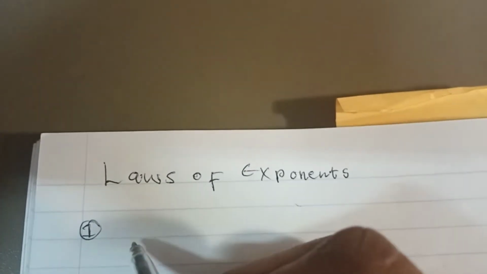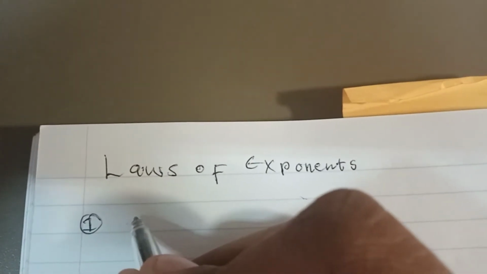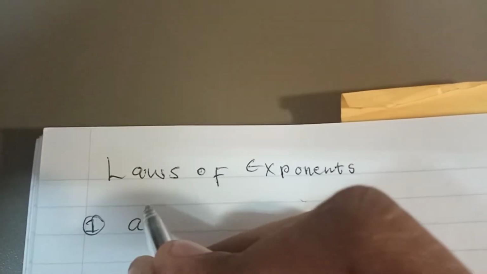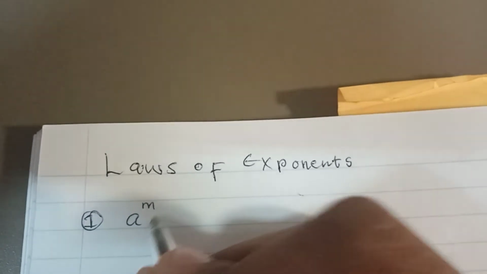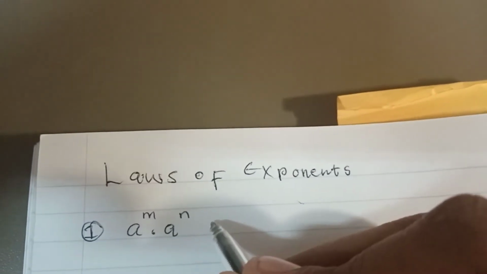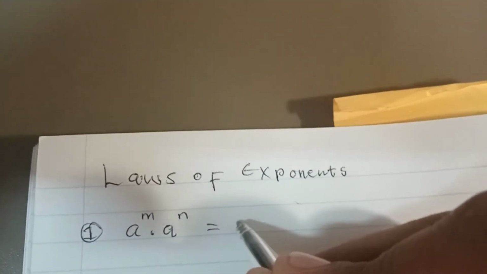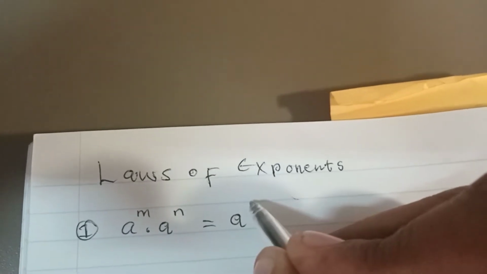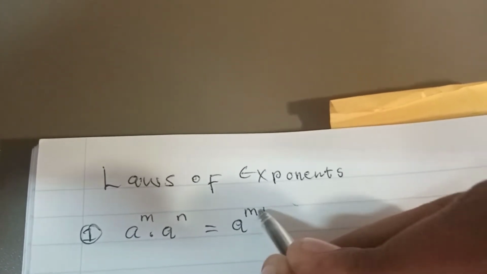So the first law, which is law number 1, going to have a to the power m multiplied by a to the power n. According to this law, this is going to be equal to a to the power of m plus n.